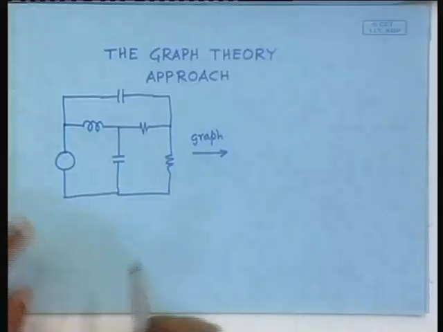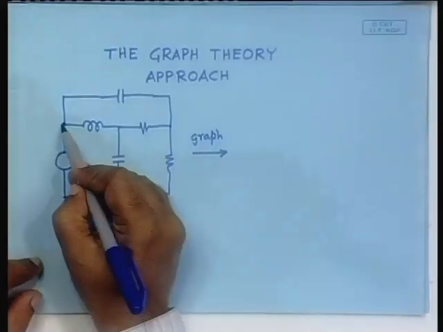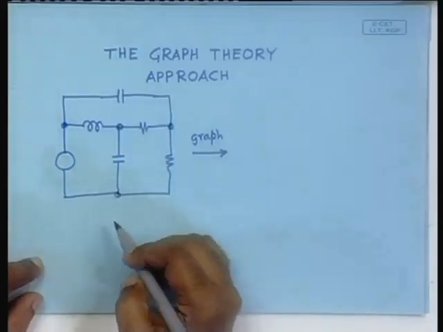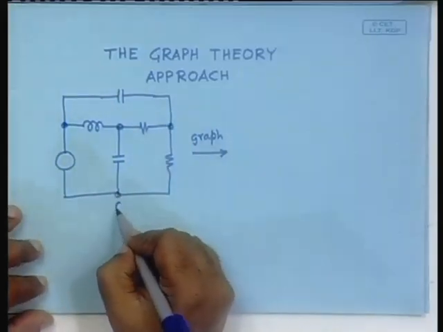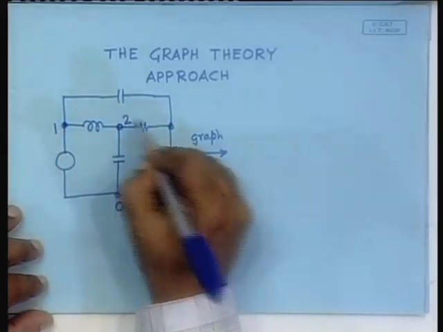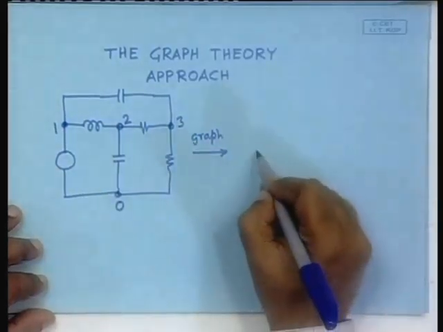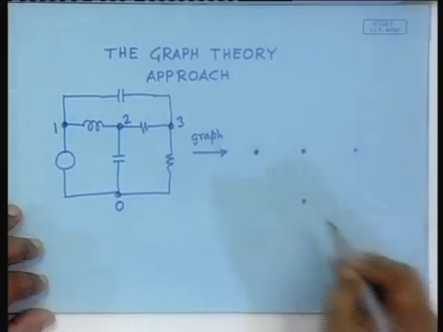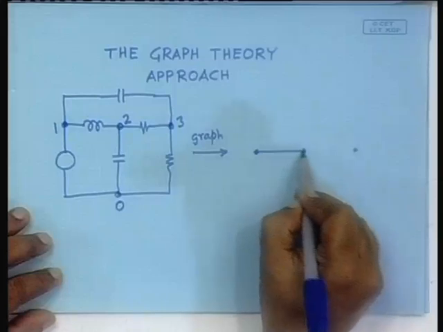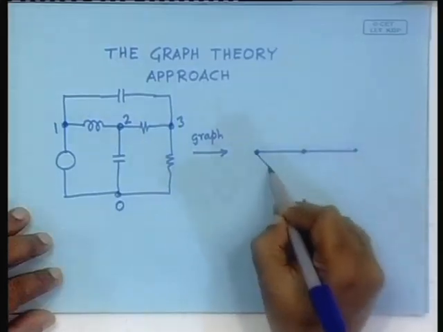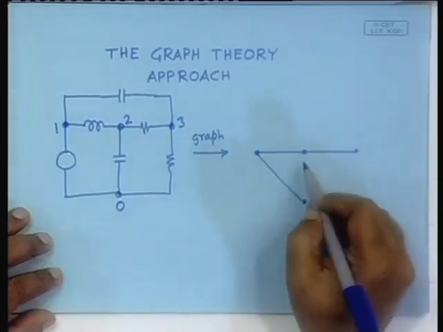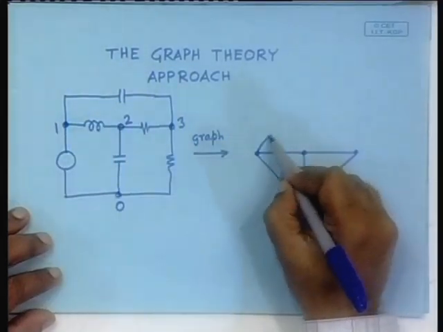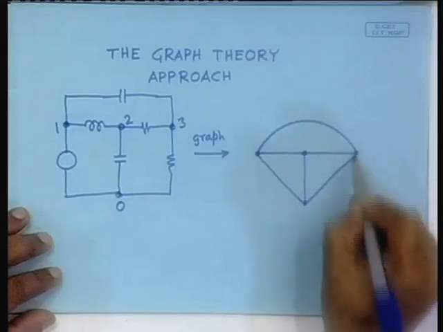How many nodes are there? 1, 2, 3, 4, which we denoted as 0, 1, 2, 3. Here also it will be 1, 2, 3, 0. But in between we will connect simply by lines. And there is another branch, that is it.